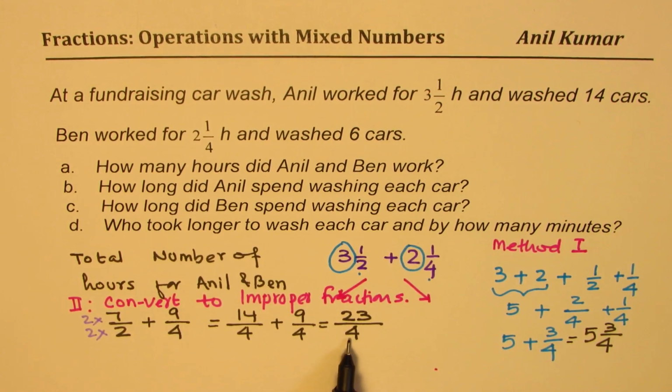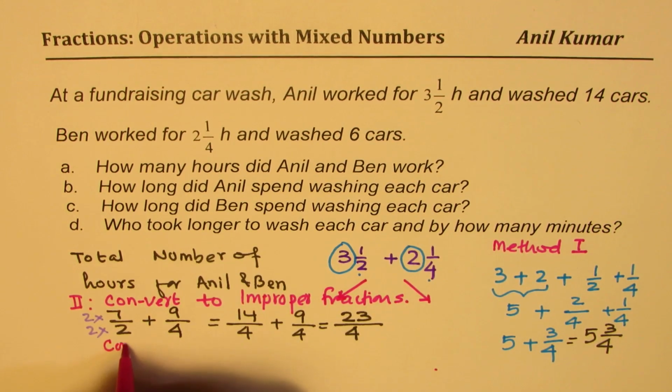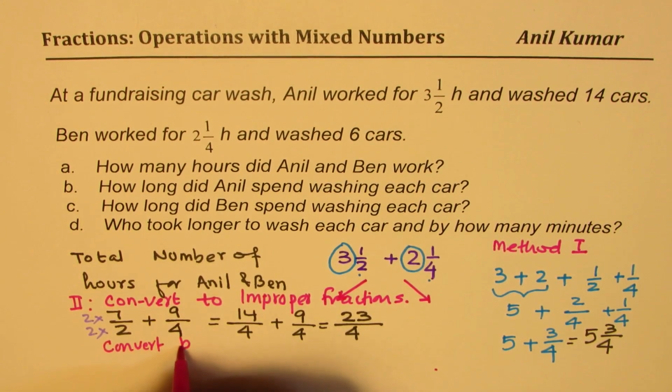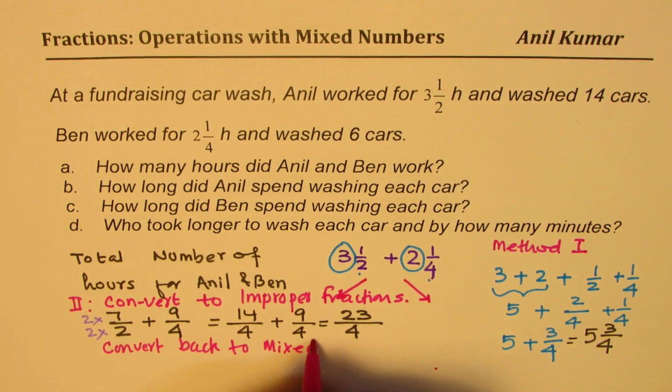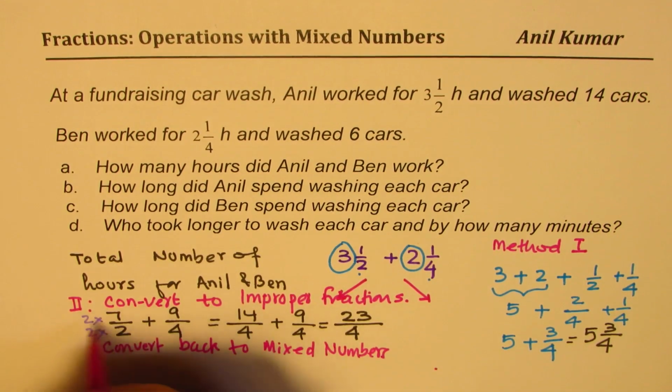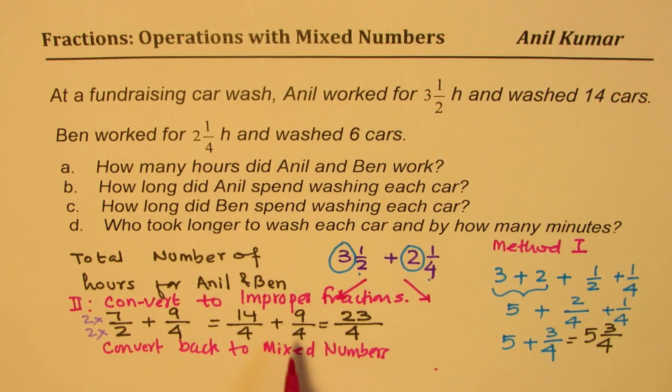Now once you get 23, this is improper fraction. So you need to convert to mixed numbers. Is that clear? So this process requires conversion back to mixed numbers.